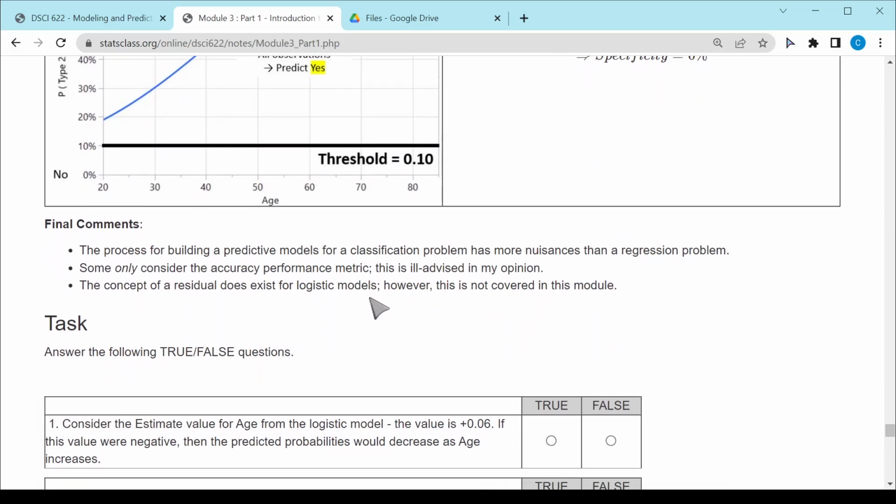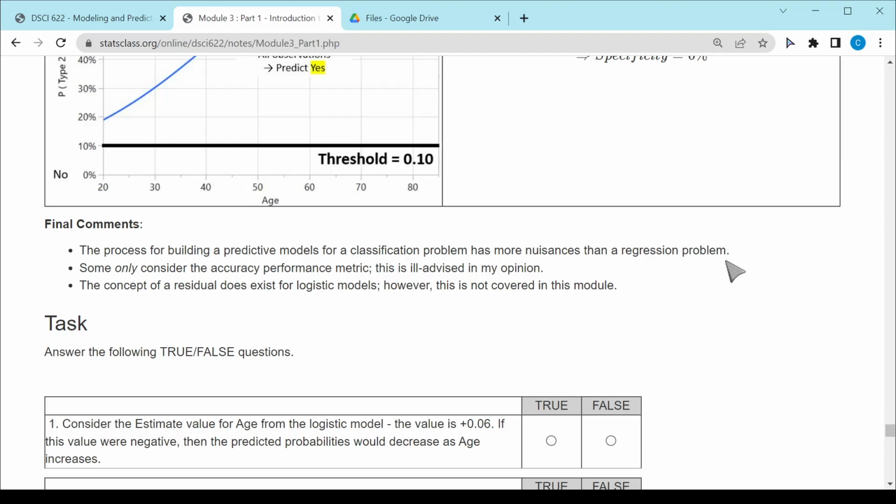The process of building a predictive model for classification definitely has more nuances than a regression problem. So there's more things that we need to concern ourselves with. We introduced the idea of a generalized linear model. We have the idea of a distribution for the response.